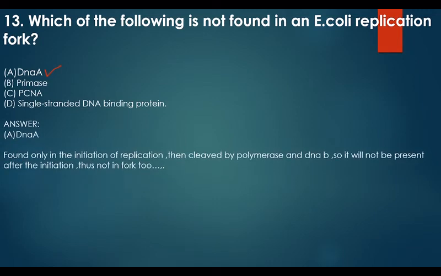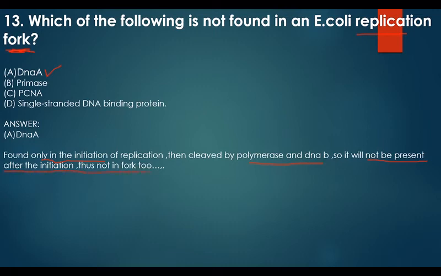So it will not be present in the replication fork. So the answer is DnaA. It is found only in the initiation of replication and then cleaved by polymerase and DnaB, so it will not be present after the initiation, thus not in the fork.